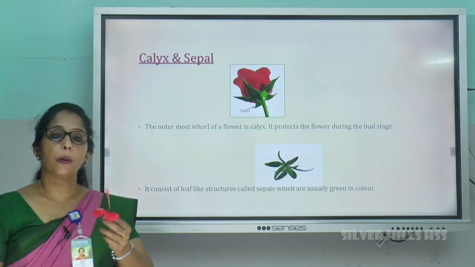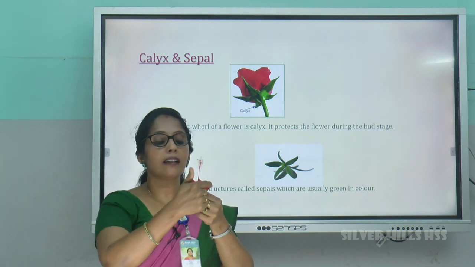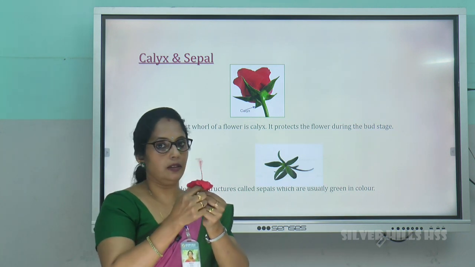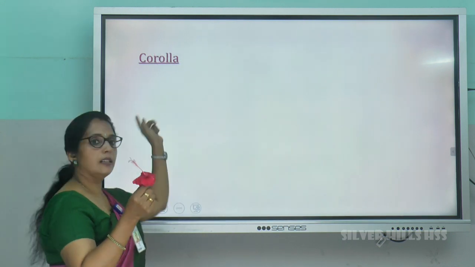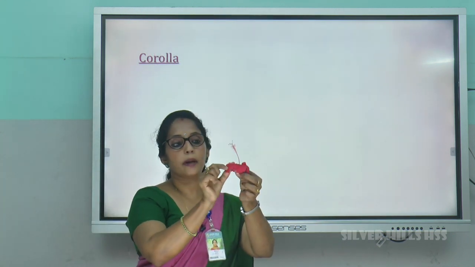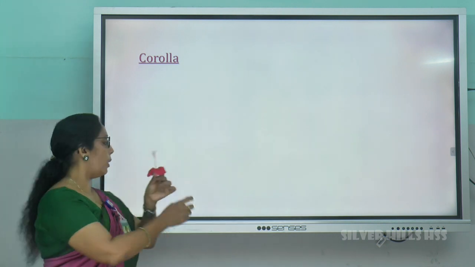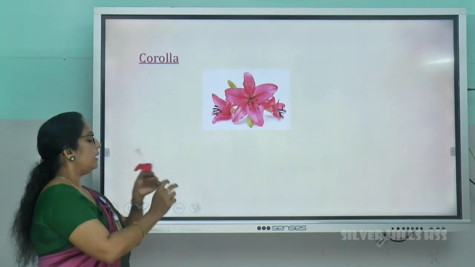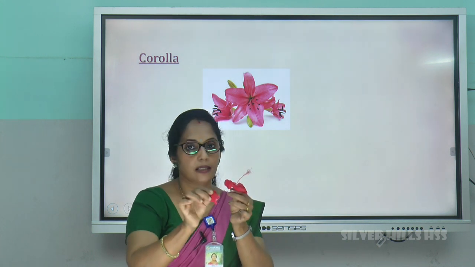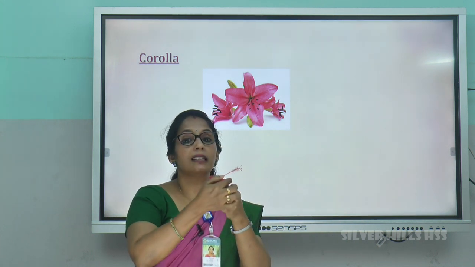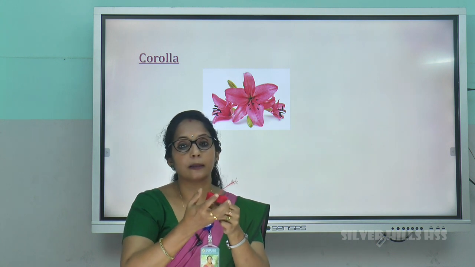Now the next part is the most attractive part of the flower. This part is called corolla. Each segment of this corolla is called petal. Now you can see petals are very bright in color.